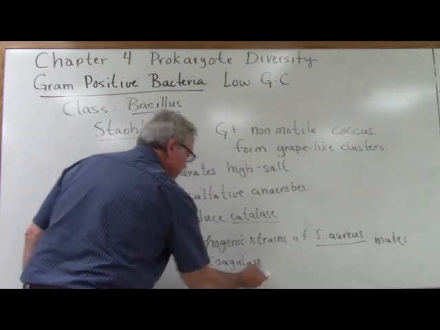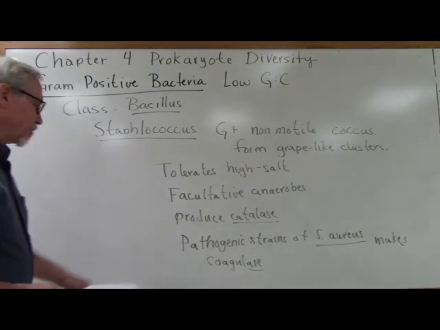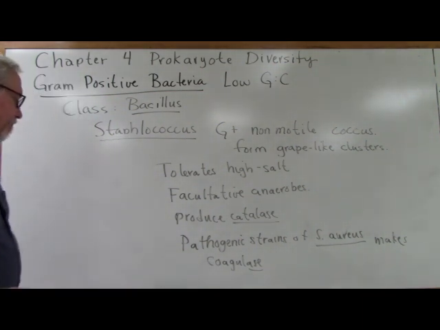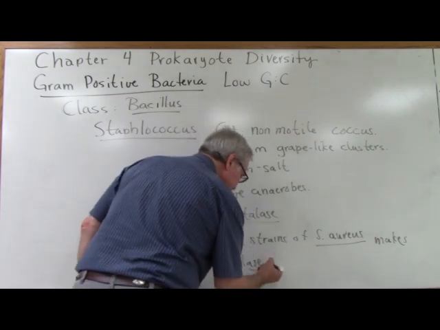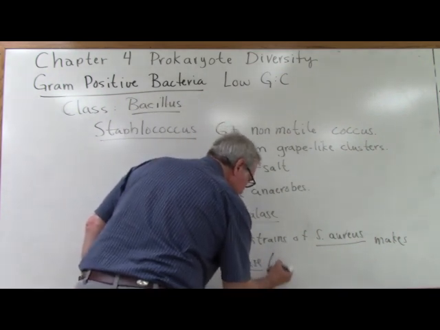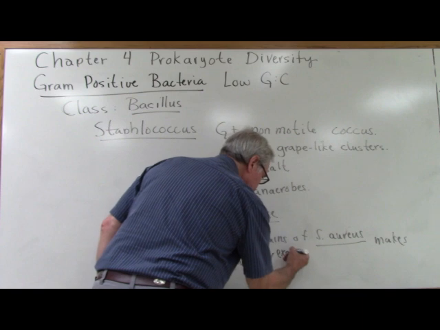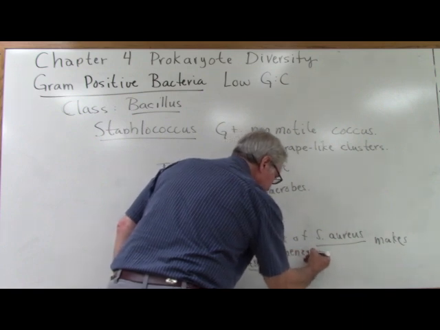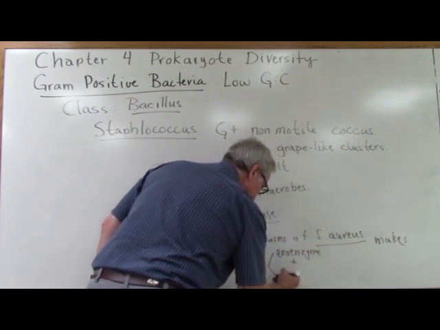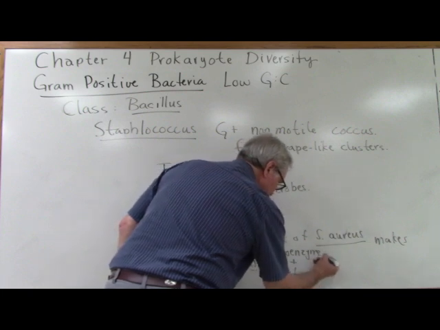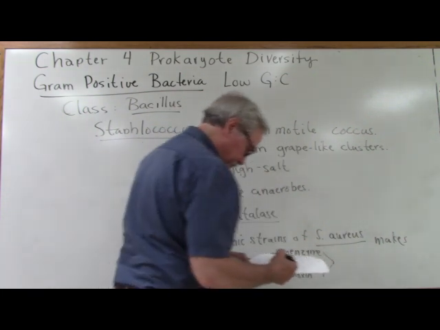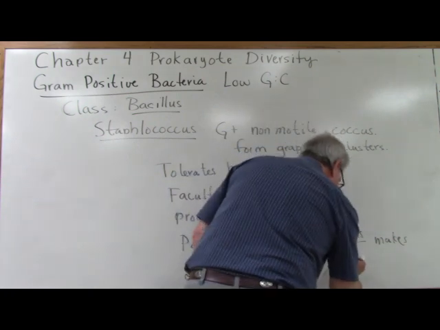So ase means it's an enzyme. Coagula means it clumps blood. And it's an exoenzyme and an exotoxin. Coagulates the blood.